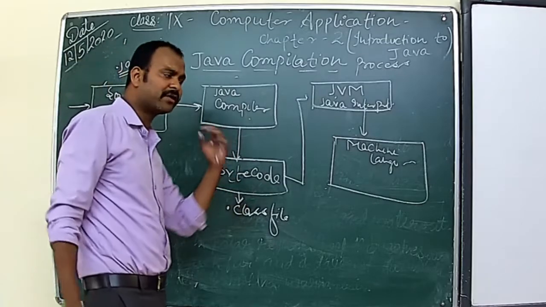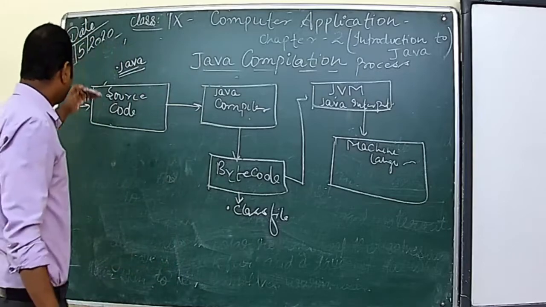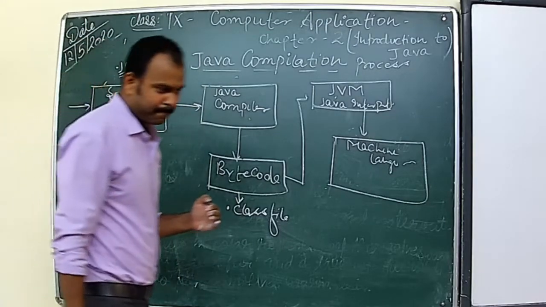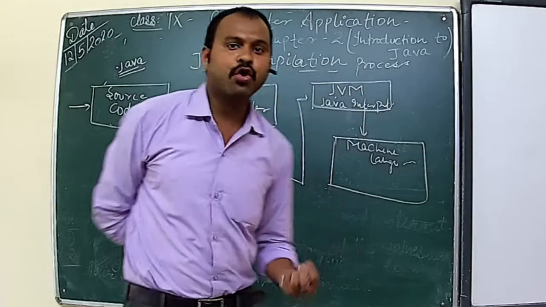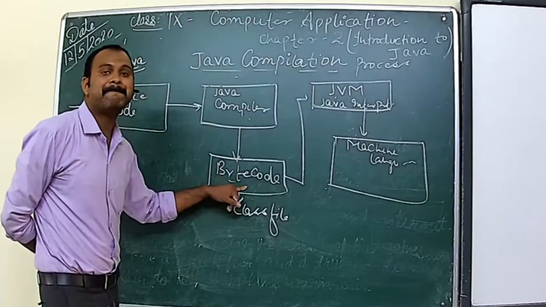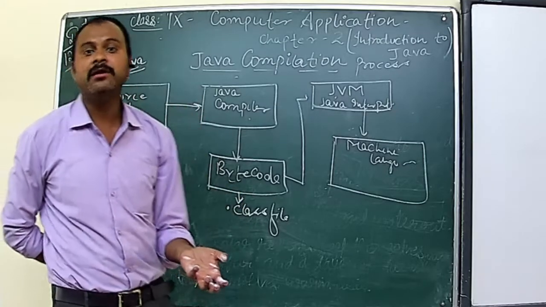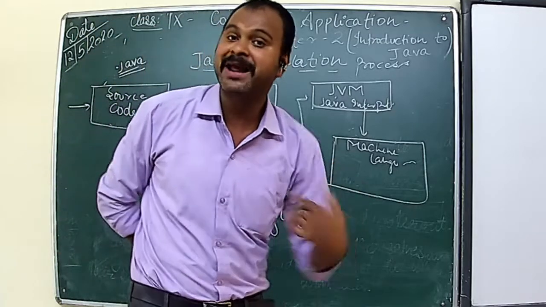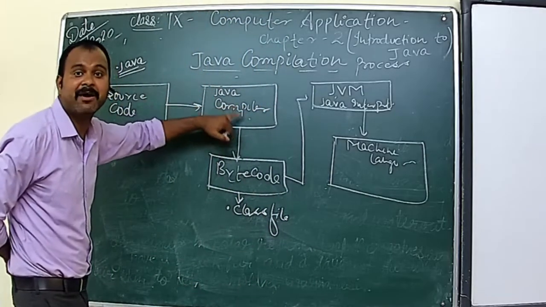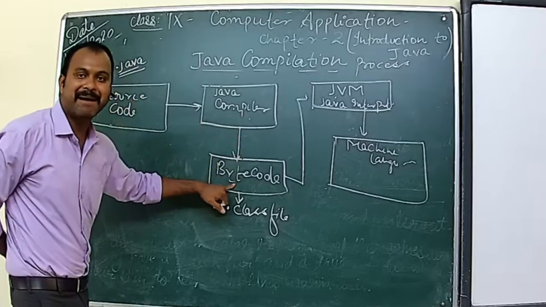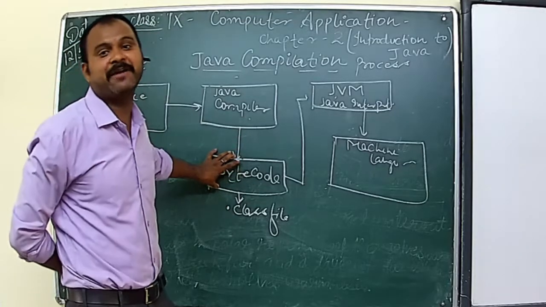So we can check the definition of bytecode like this. When the source code is converted by the compiler, a new code is generated, called bytecode. Bytecode is generated when the source code is compiled. As soon as the source code is compiled by the Java compiler, it provides you bytecode, and this bytecode can be used on any platform.